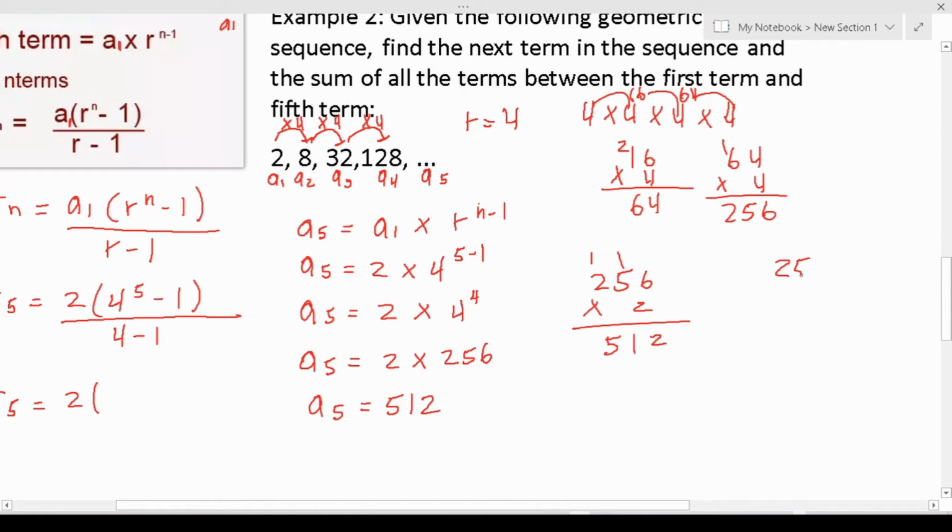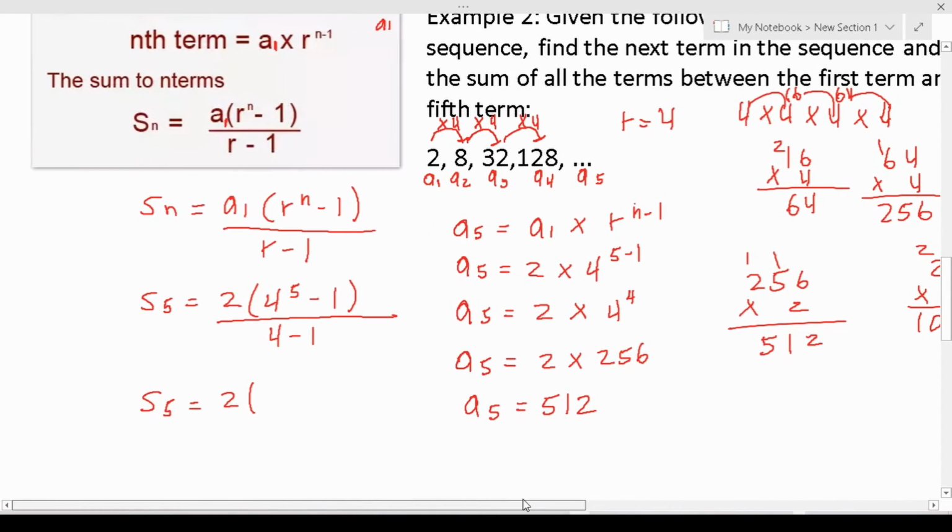So let's take 256 and multiply it by 4 now to get 4 to the 5th. 6 times 4 is 24. Carry your 2. 5 times 4 is 20, plus 2 is 22, carry your 2. 4 times 2 is 8, plus 2 is 10. So we can see that 4 to the 5th is 1024.